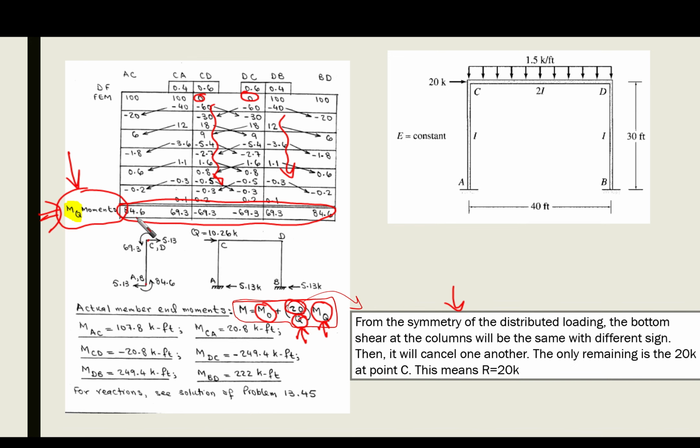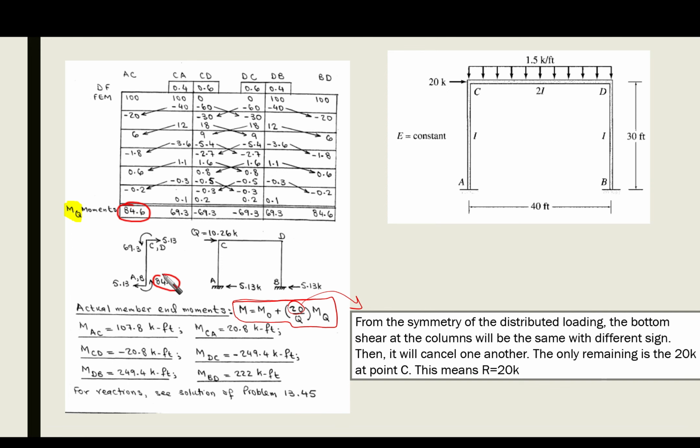The moment is 84.6, and it is counterclockwise because it is positive here. And 69.3 is positive, which means that it is counterclockwise, as you can see here. Taking the moment at the bottom, you can obtain the shear at the bottom of column AC. This shear is 5.3.